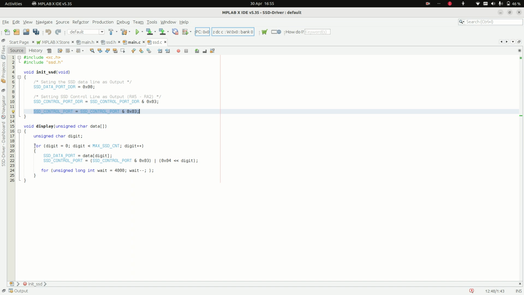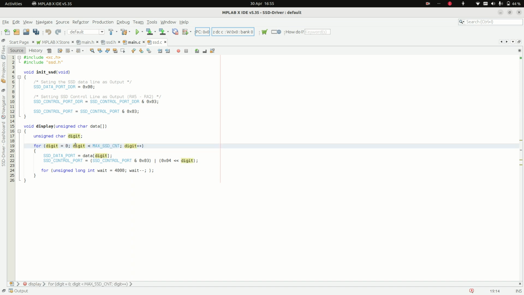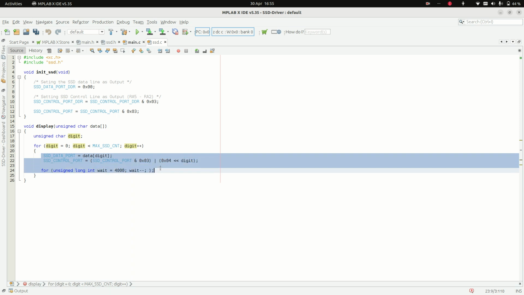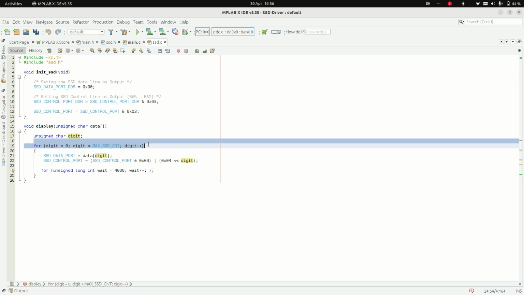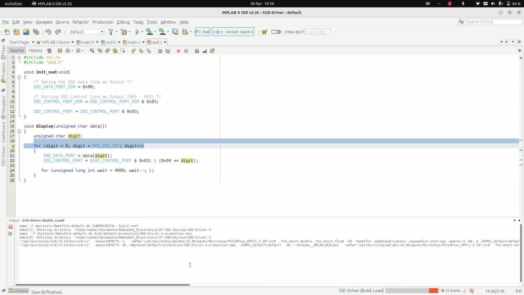Here you can see the for loop condition: digit equals 0, digit less than max SSD count, and the digit value is incremented. Then it will print this line under this condition. Okay, let's build the code.